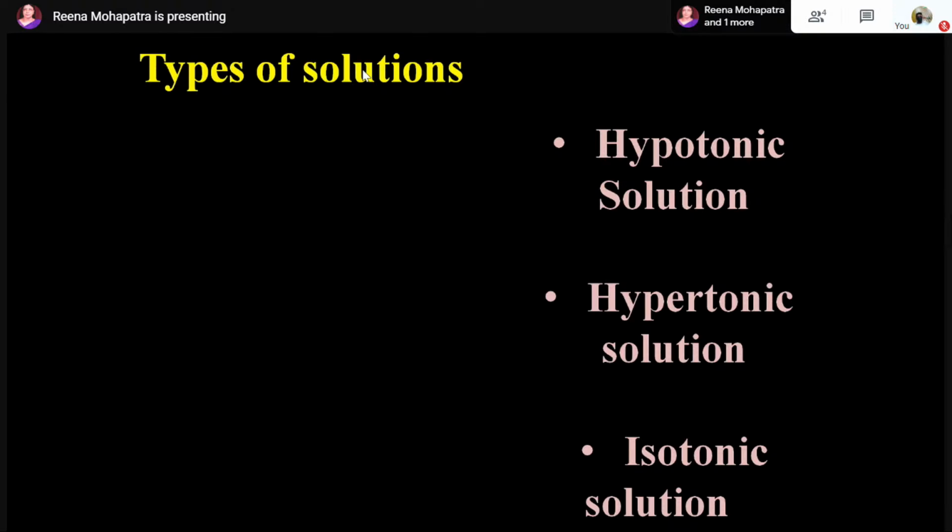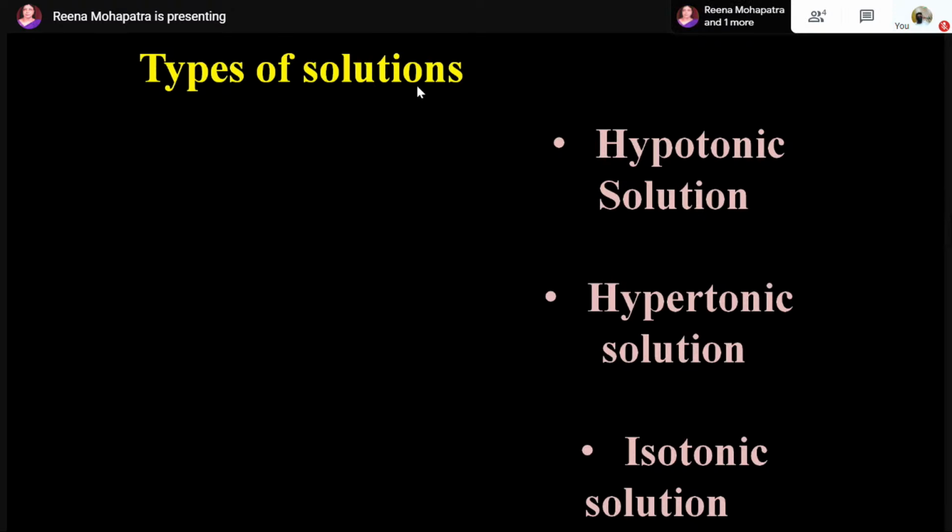But here this tonic has come from tonicity of the solution. Tonicity means the concentration of solutes in a solution. In a solution, solvent is present, solute is present, isn't it? In a solvent, what is the concentration of a solute? That is called tonicity.